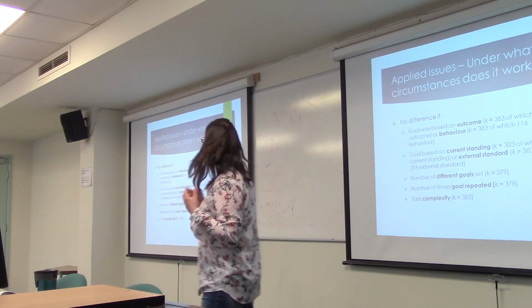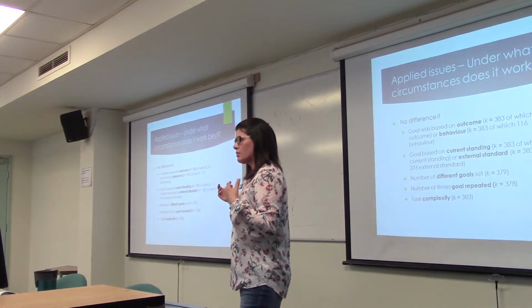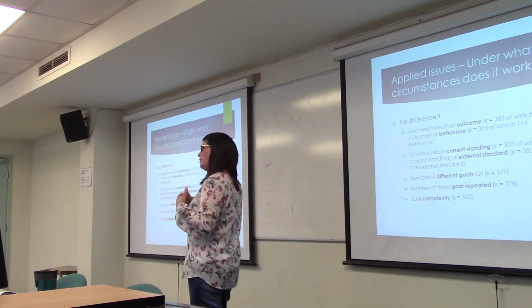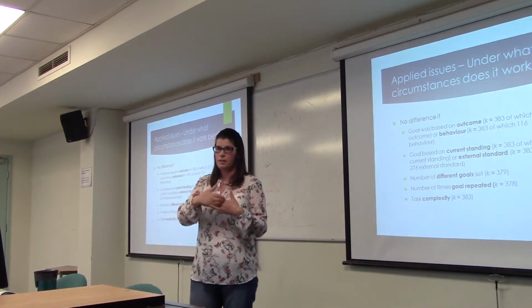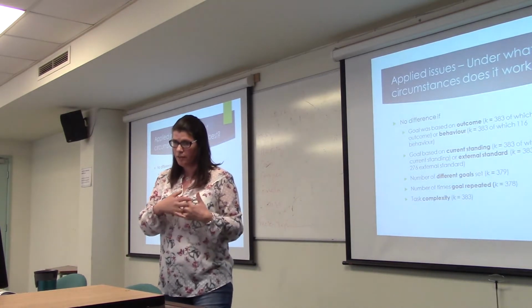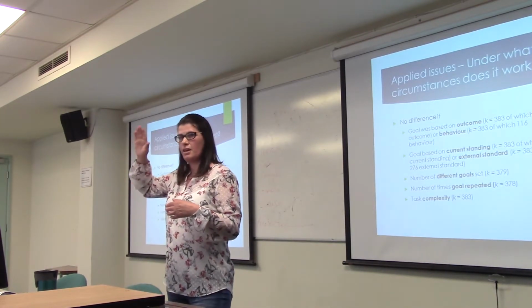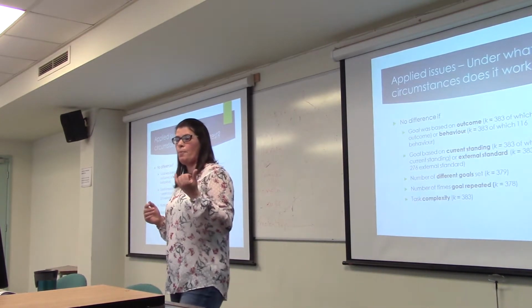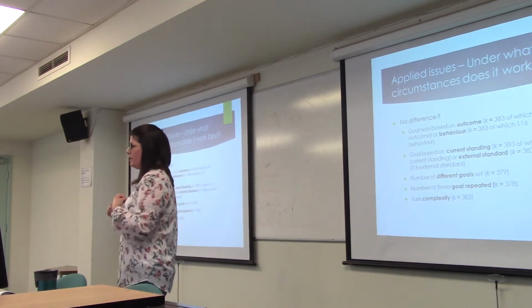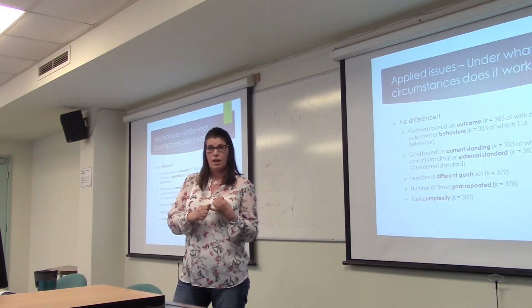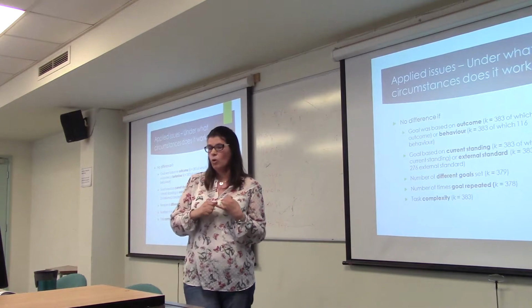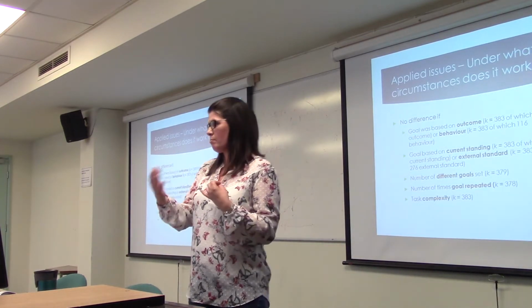And there was no effect of task complexity. So this is the number of steps and decisions involved in completing a task. And luckily for me, there was a nice scale that somebody had already done about task complexity. So a low complexity task would be just some reaction time thing, or doing very simple maths problems.